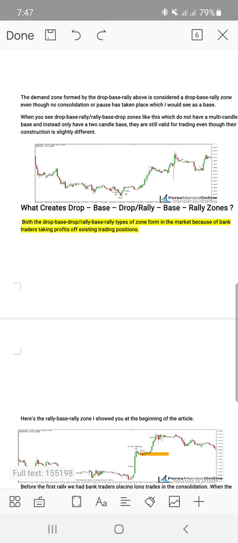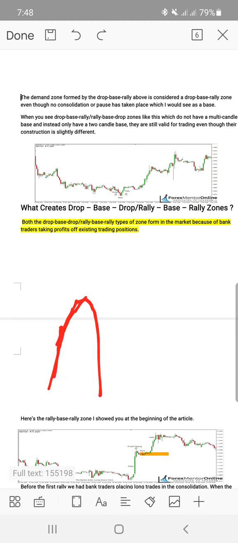Another thing you need to know is that, let's say the retail traders, which is me and you, are buying the market, right? We are buying it, and the institutional traders say that they want to sell. The market will immediately sell, no matter what the retail traders are doing.